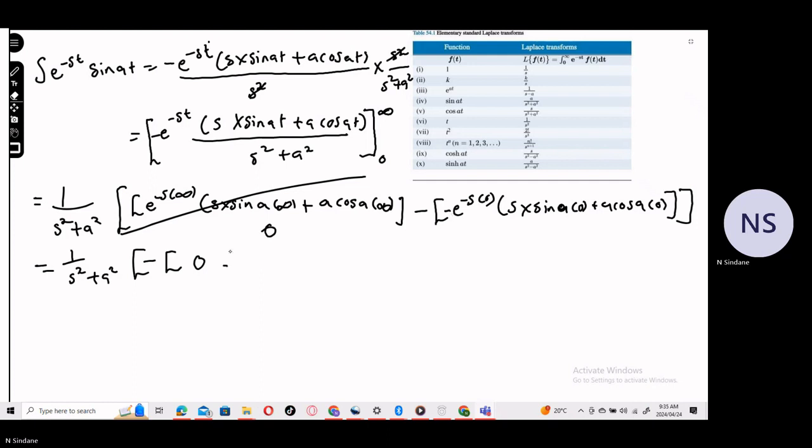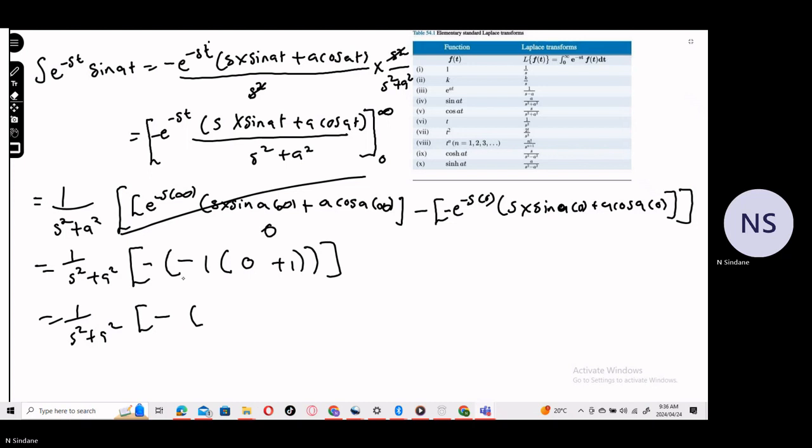Okay, sorry about that. Let's use many brackets. This bracket minus into minus gives us negative 1 into, this is 0 and this is 1 plus 1, right? And this is 1 over s squared plus a squared into negative into 0.